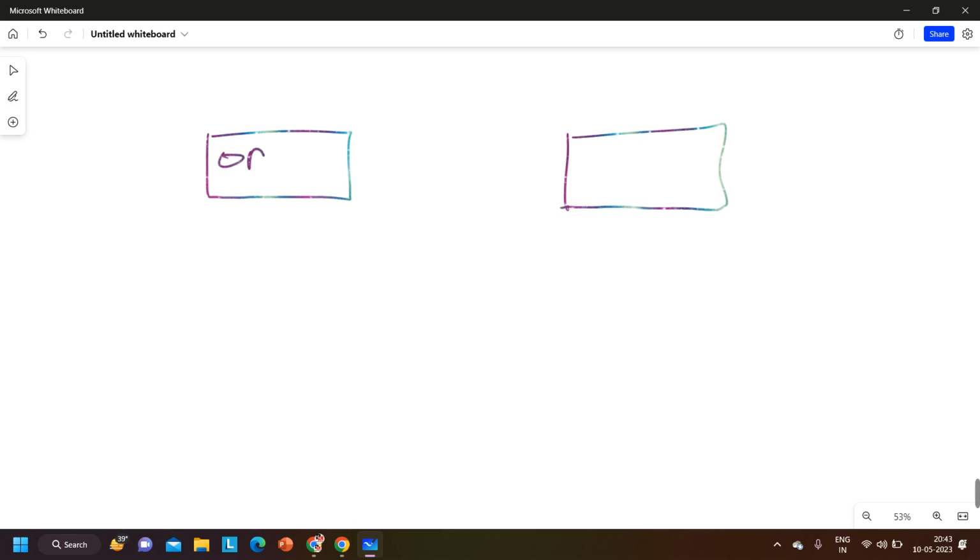Suppose the MAC address of this switch is 0A, and the MAC address of this switch is 0B. I am connecting how many links over here? Two links. Let's say this is my 0/0, this is my 0/1, this is my 0/0, this is my 0/1.